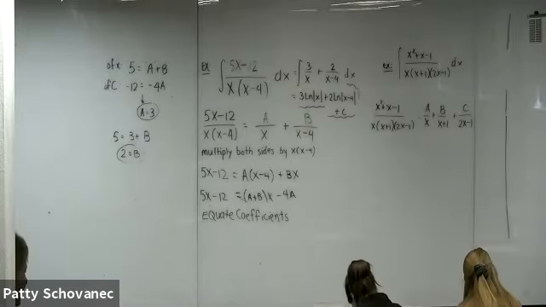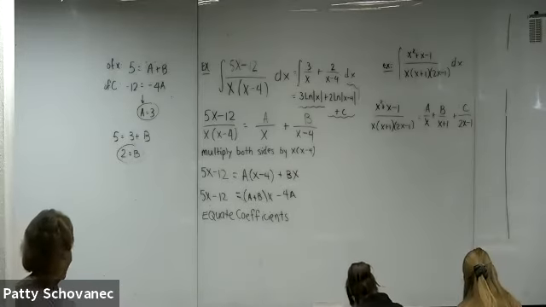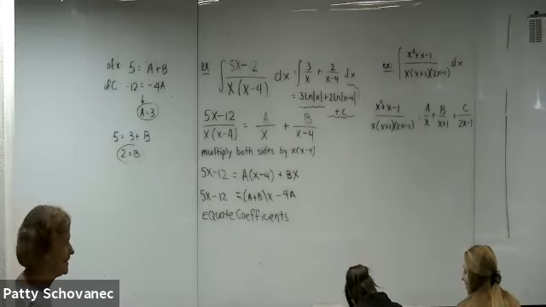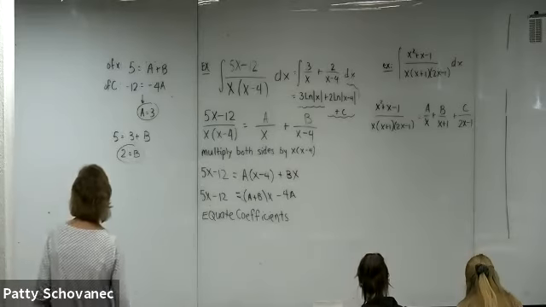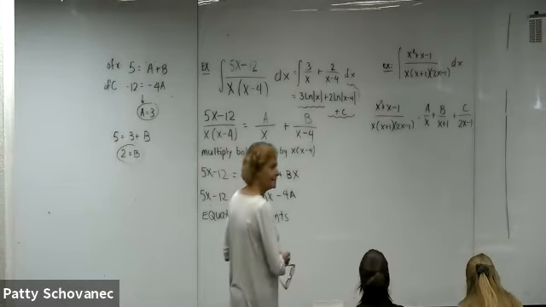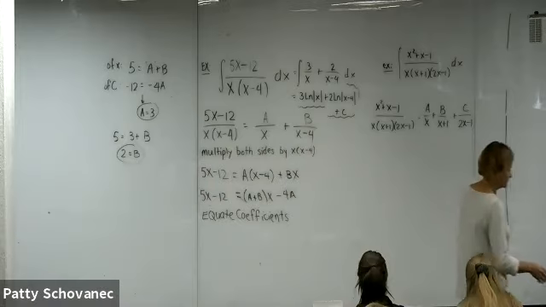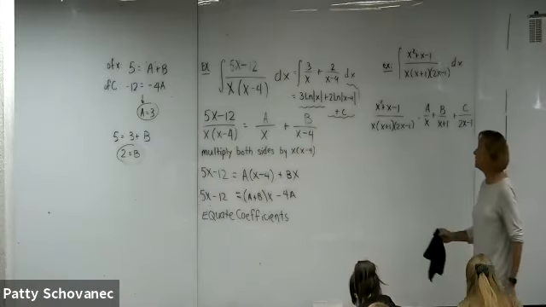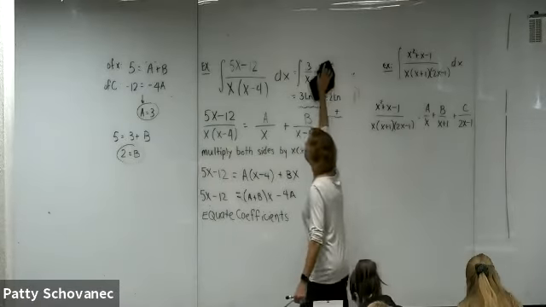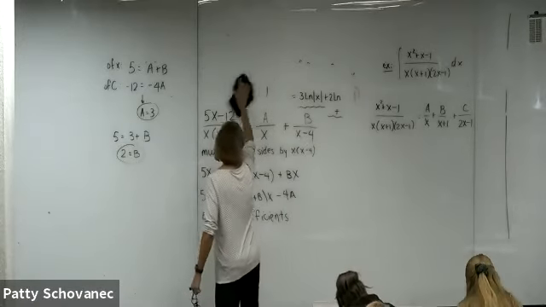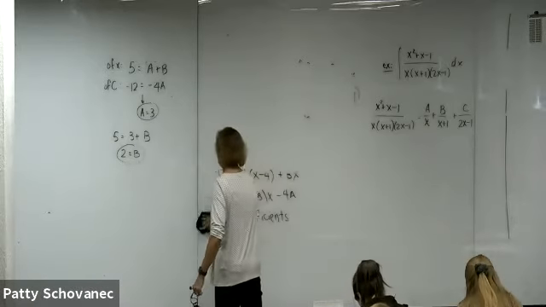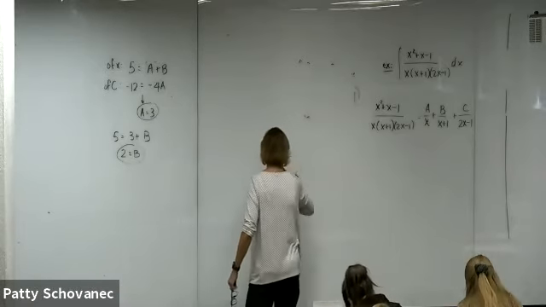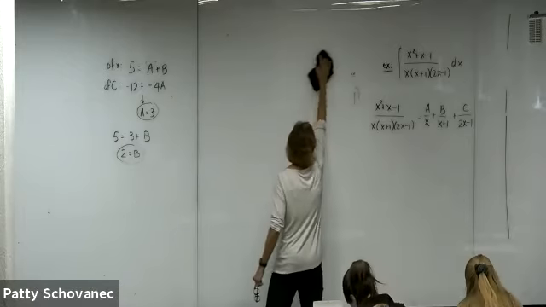Got A is 1, yes. Which means you have B and C. Got 3 unknowns, so you need 3 equations. Get your x squared equation, your x to the first equation, and your constant one. And there, you kind of fake it.